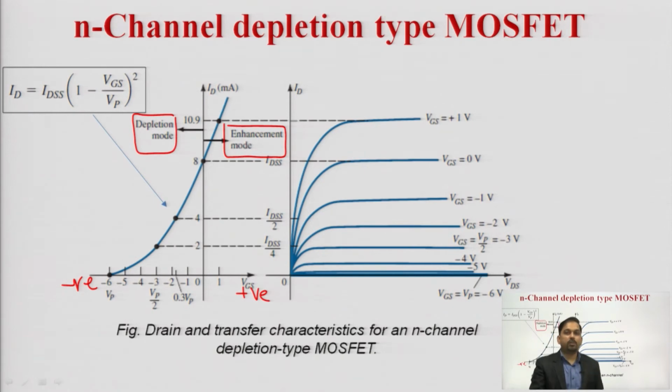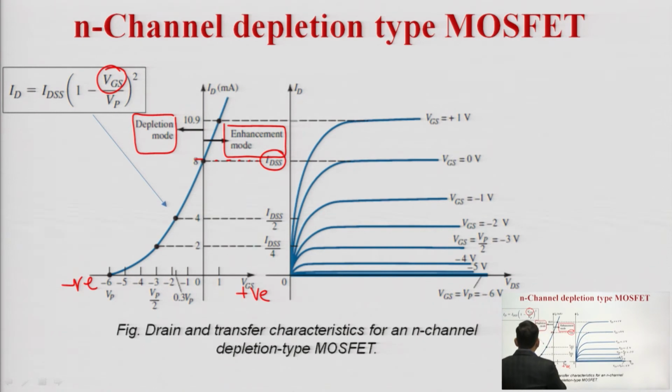And for the shape of this particular curve, we are utilizing the same equation as the JFET: ID equals IDSS times (1 minus VGS by VP) squared. When VGS is 0, we have the current equal to IDSS, the same drain to source saturation current.